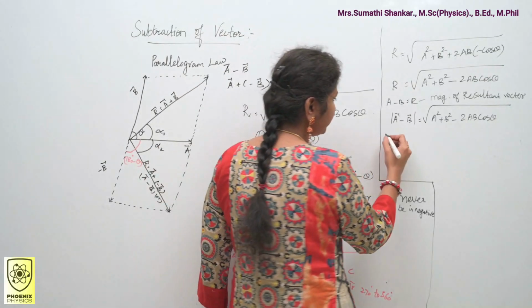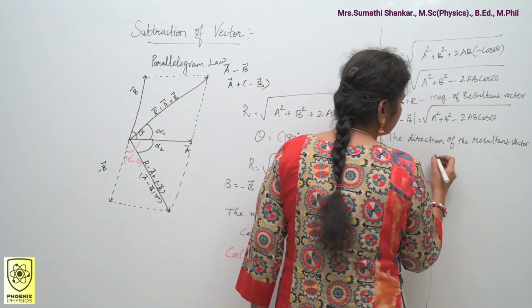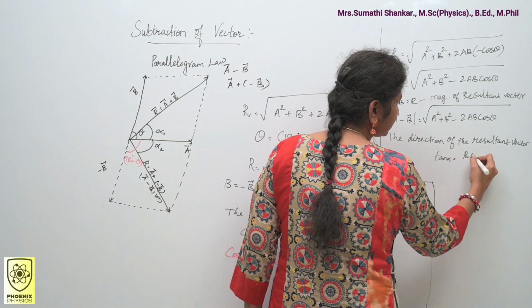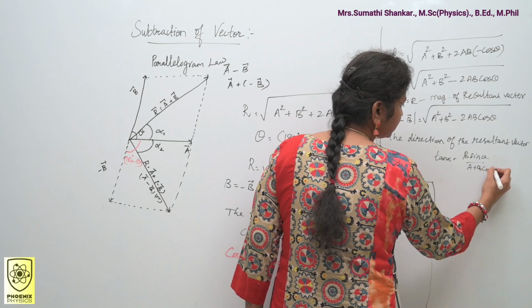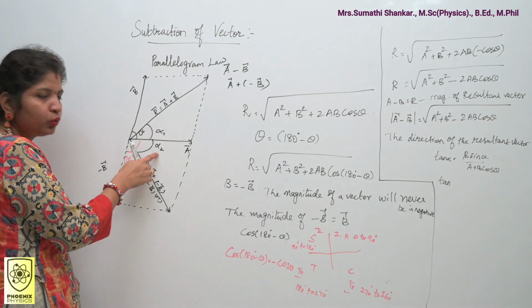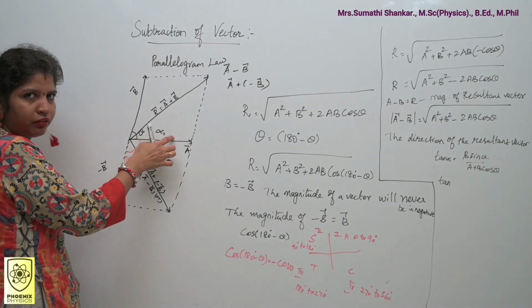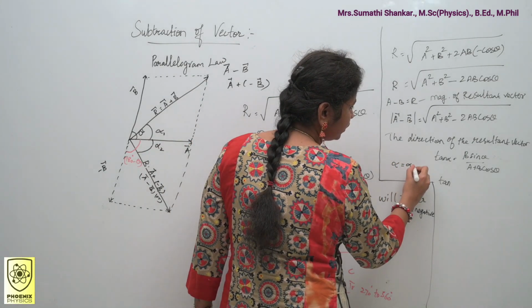Next we are going to find out the direction of the resultant vector R. So you know that tan alpha is equal to B sin theta divided by A plus B cos theta. Alpha 2 is the angle between the resultant vector R and A vector. So instead of alpha, you write alpha 2.